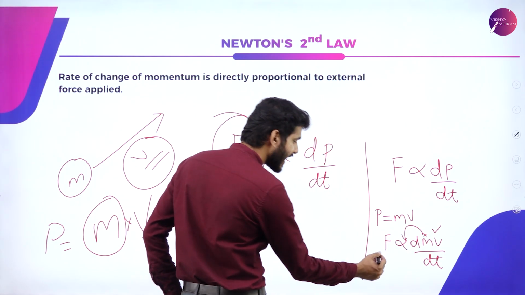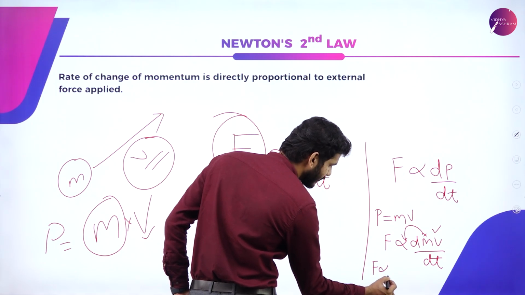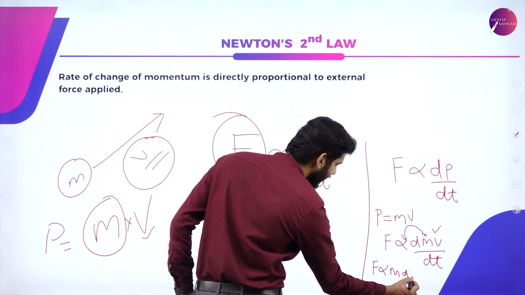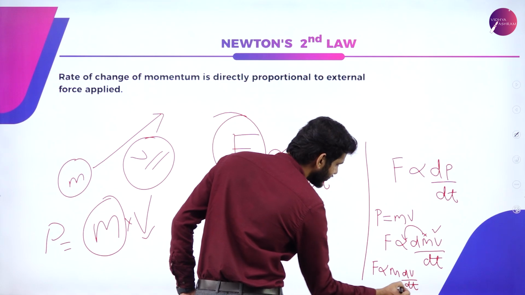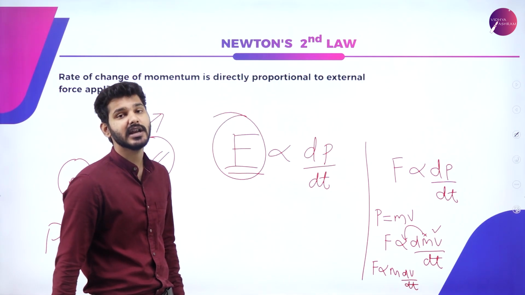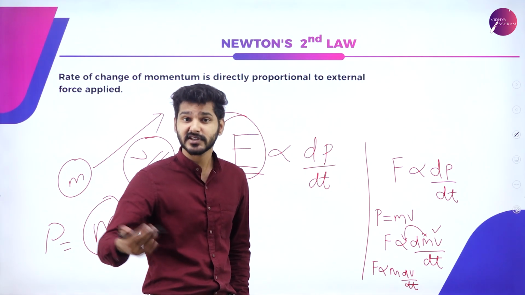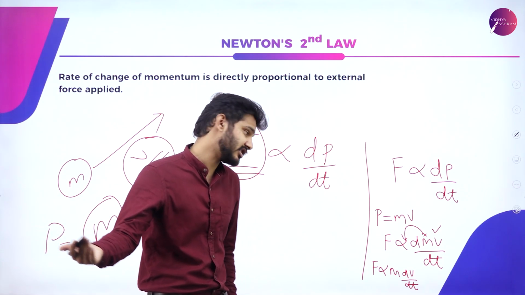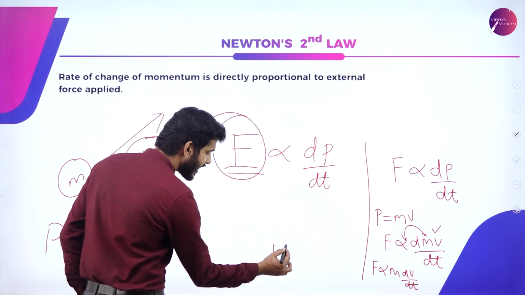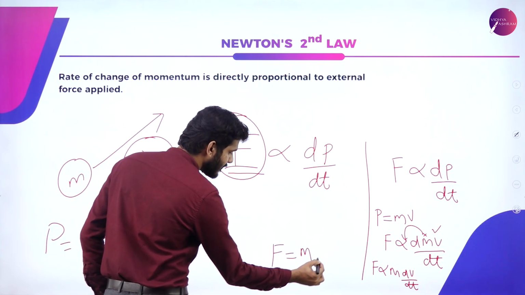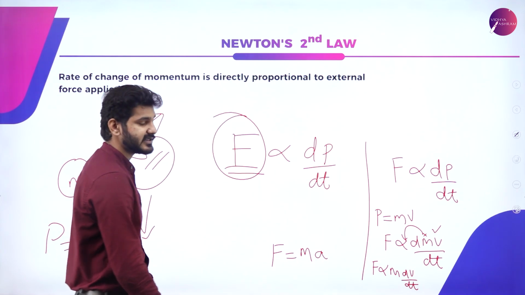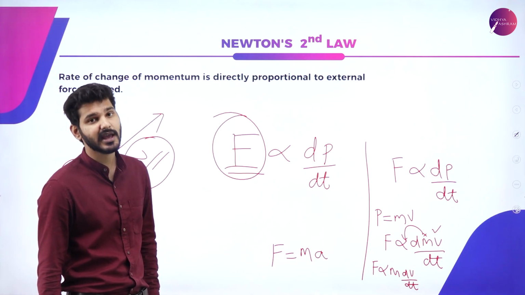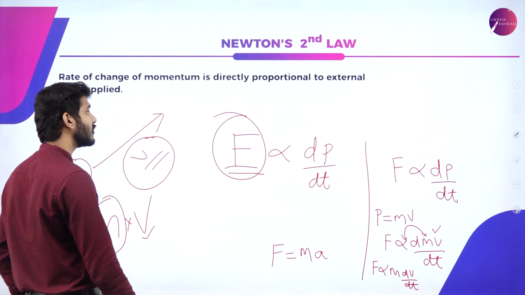So we can write F directly proportional to m dv by dt. So what is dv by dt? Rate of change of velocity. Rate of change of velocity is nothing but acceleration. So we can write F is equal to m into a. We can simply say that F is equal to ma. That is Newton's second law of motion.